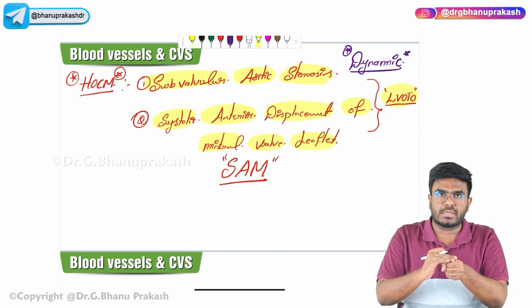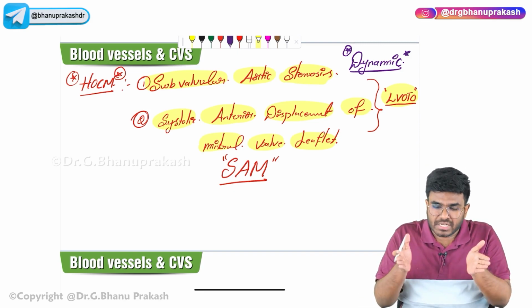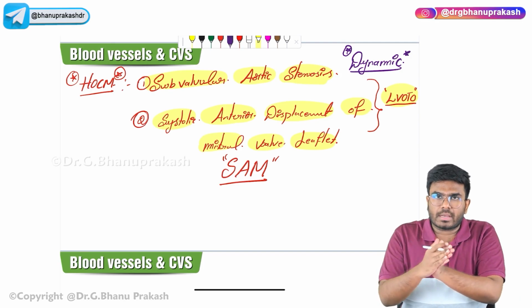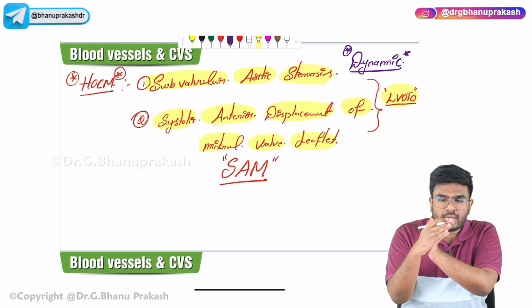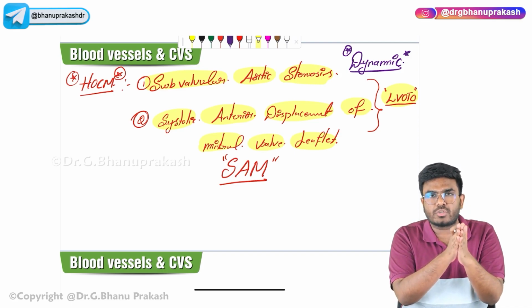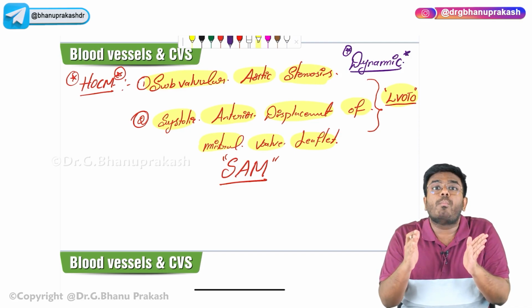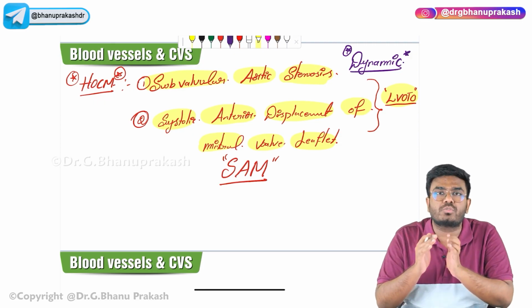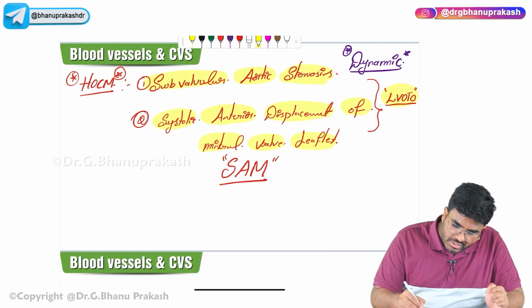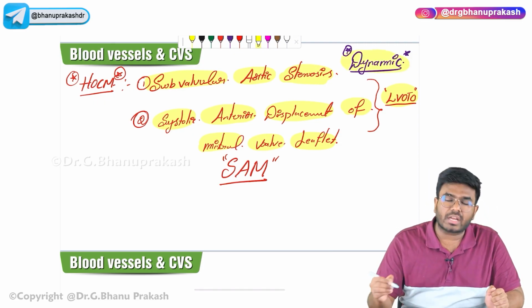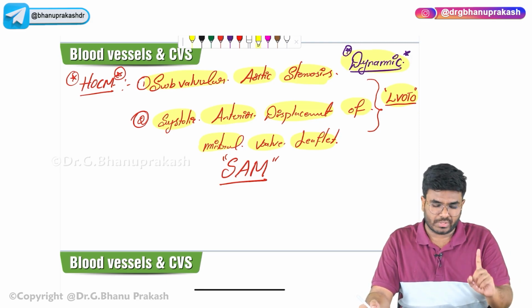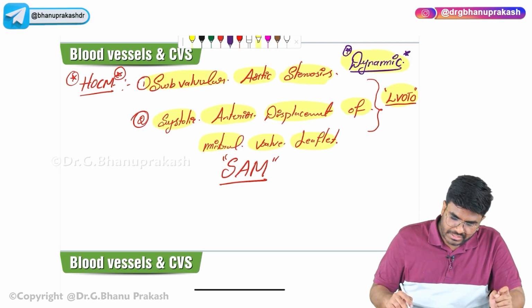But now the obstruction is changing. During systole there is systolic anterior displacement of the mitral valve, so more obstruction is going to be there. That's why this is called a dynamic left ventricular outflow tract obstruction. It's not a fixed obstruction. This is a keyword.